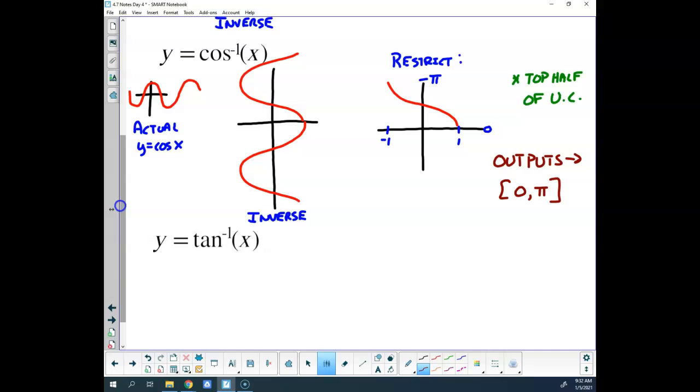Cosine is a nice and easy one because whatever you get, you get. You don't have to worry about those negative values.